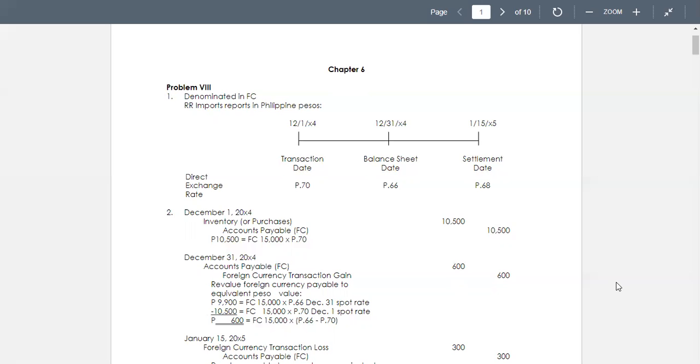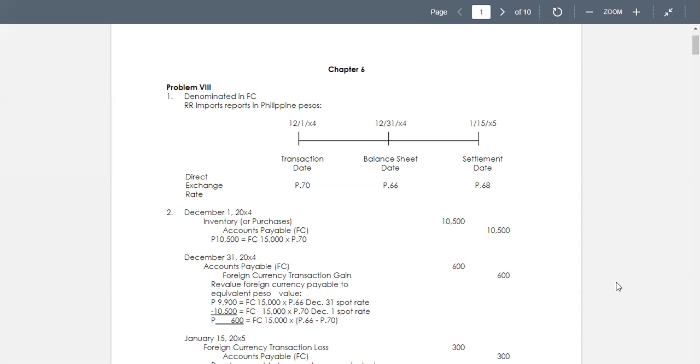So for requirement number 1, in what currency is the transaction denominated? Now, the transaction is denominated in foreign currency. RP Imports reports in Philippine pesos. On December 1, 2004, being the transaction date, one foreign currency is equal to 70 centavos.